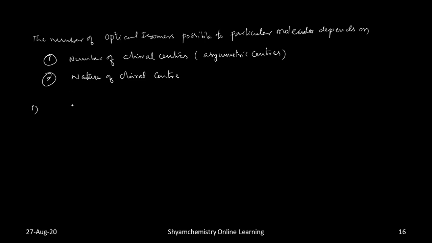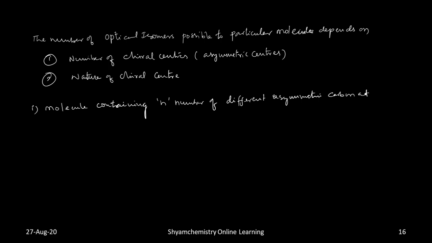First category, to calculate number of possible isomers, a molecule containing n number of different asymmetric carbon atoms.